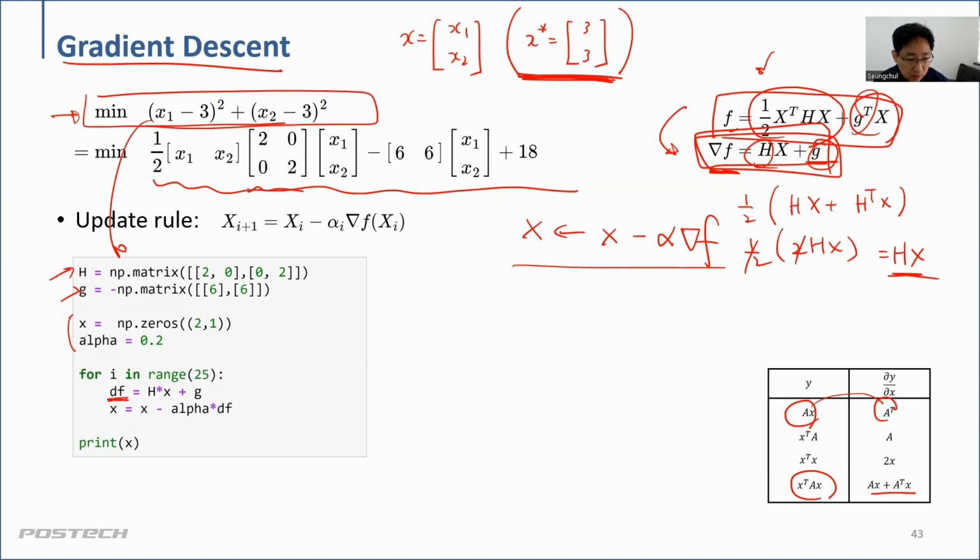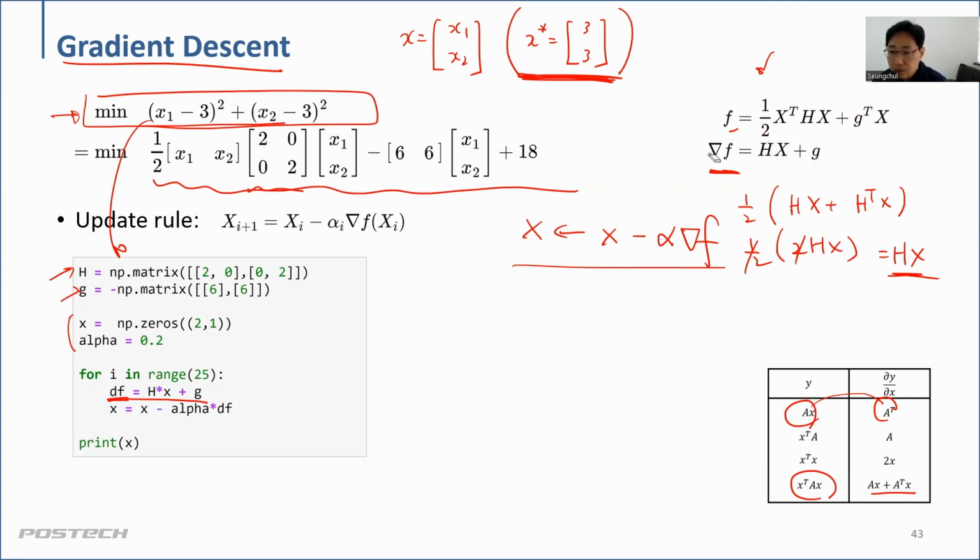This is the gradient of F, which is H times X plus G. And this is the update rule in gradient descent, repeated.